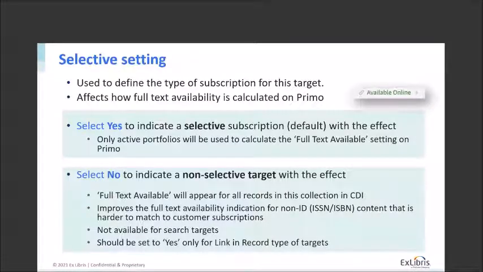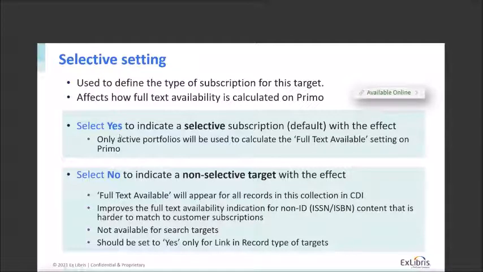So the first thing is the selective setting. This setting is used to define the type of subscription you have for a specific target. So it affects how full text availability is calculated in CDI Primo. So it affects the available online indication. The defaults are actually set correctly, so there's no real need to make changes to this. But if you have a selective subscription, then you need to set this to yes.